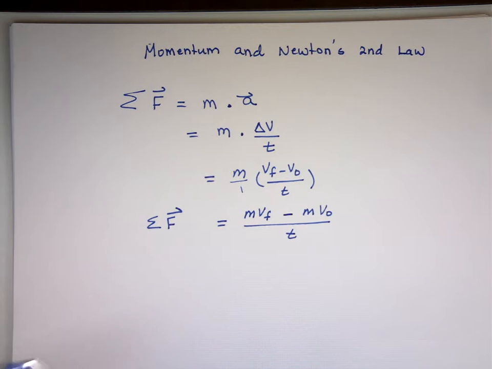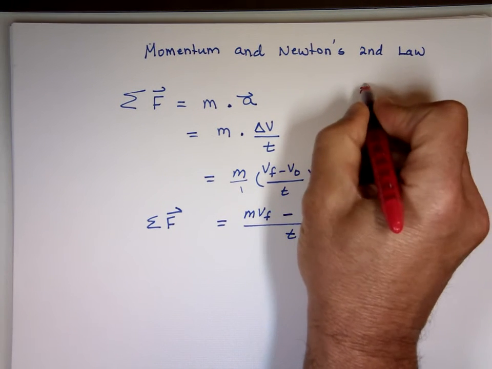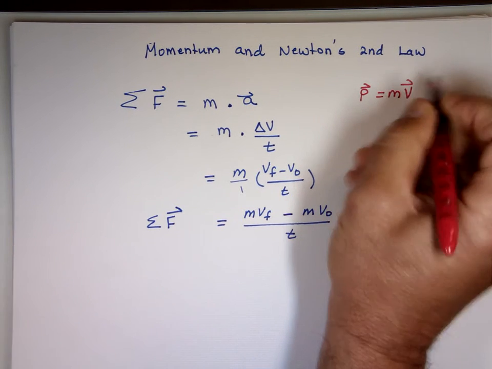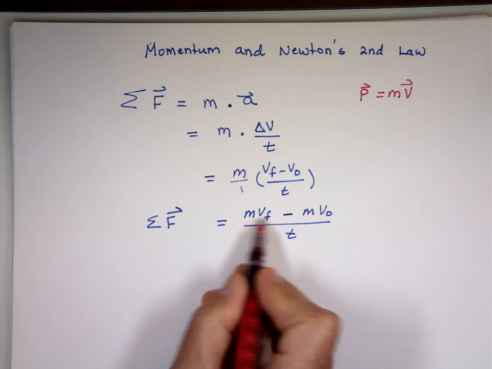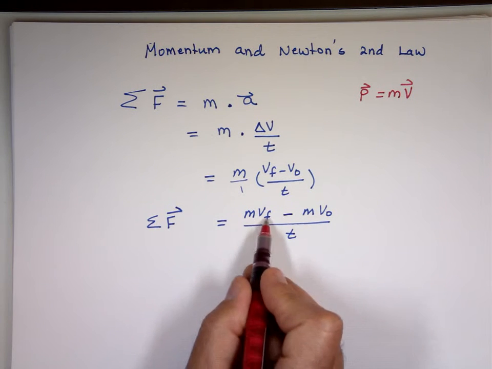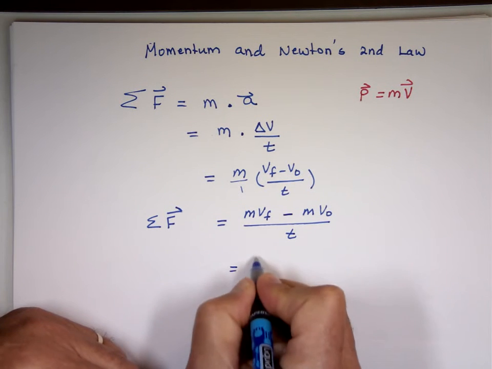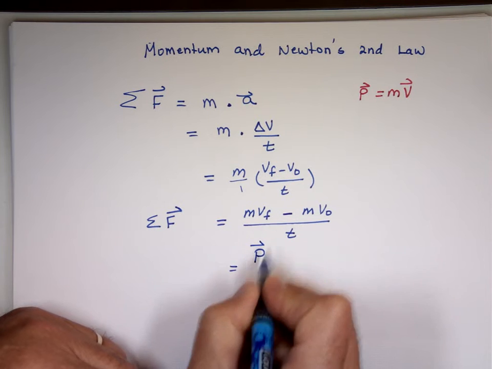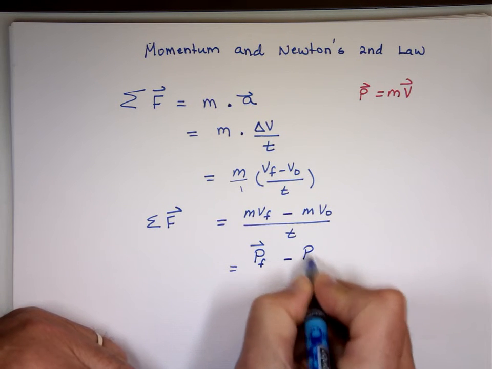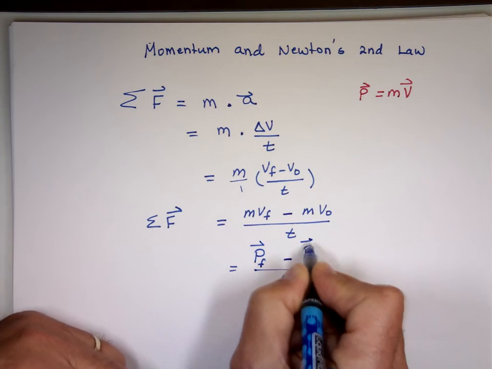Now, we just said linear momentum P equals what? Mass times velocity. So this is mass times velocity, see it? And that's mass times velocity. But this is the final velocity. So if I do that substitution, that's really my final linear momentum. And this is what? My initial linear momentum. And what is final minus initial?